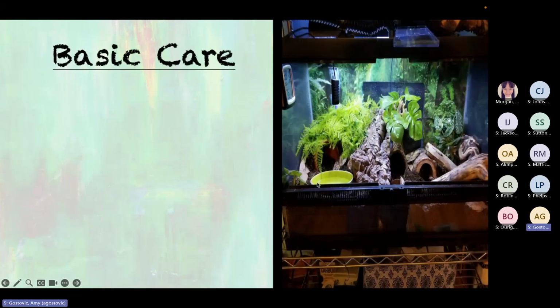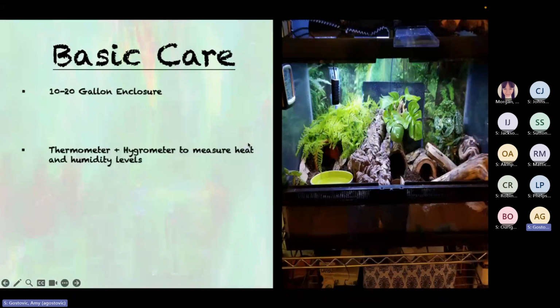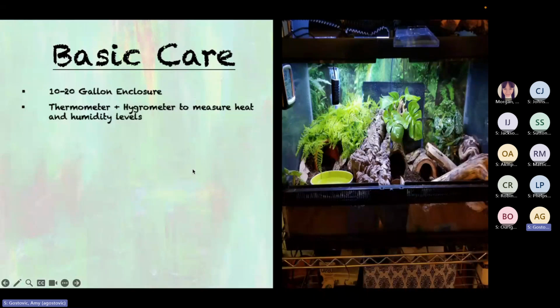For basic care, I made a list of what Pac-Man frogs need, which includes a 10 to 20 gallon enclosure, a thermometer and hygrometer to measure heat and humidity levels, which should be in the tropical range, meaning around 80 degrees Fahrenheit and up to 80% humidity.